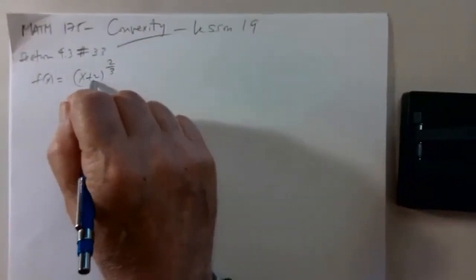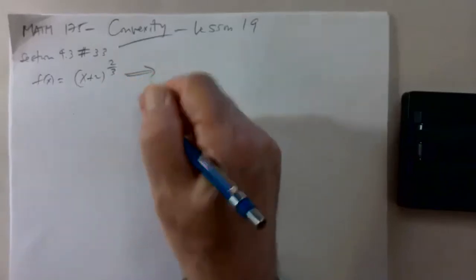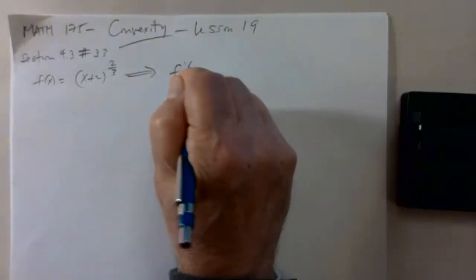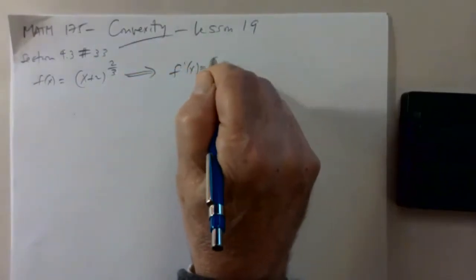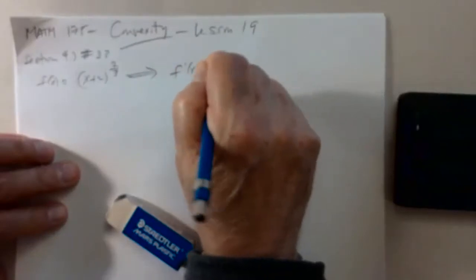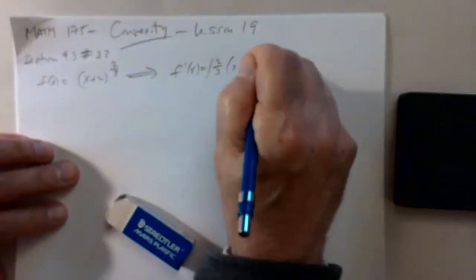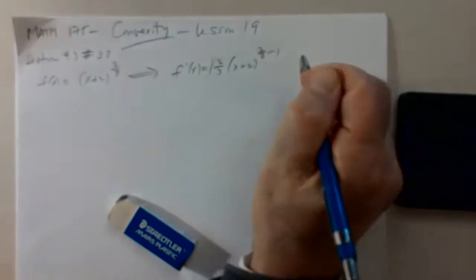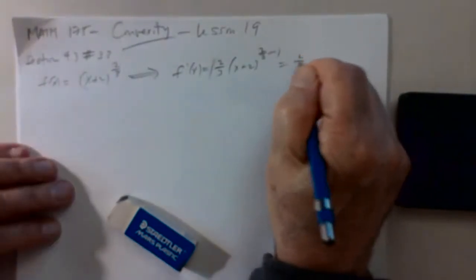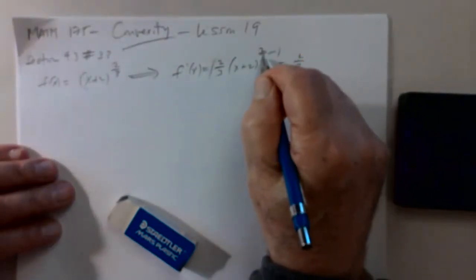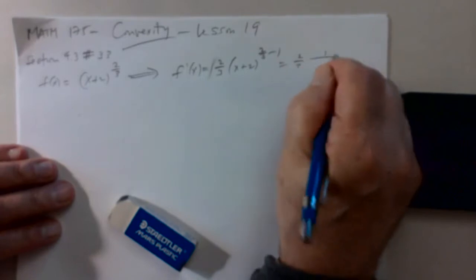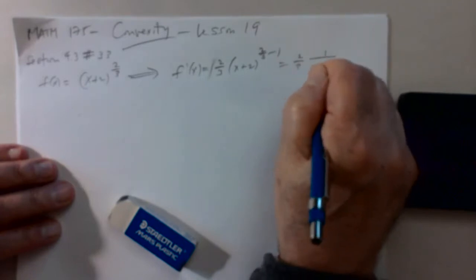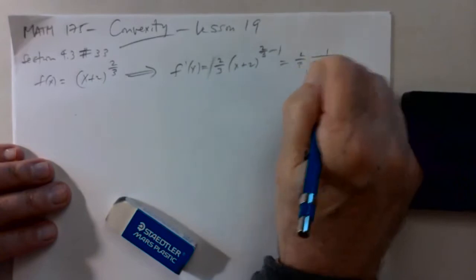So we have to first find the derivative. If f of x is (x plus 2) to the 2/3, that implies that f prime of x is 2/3 times (x plus 2) to the 2/3 minus 1, which is minus 1/3, so that's 1 over the cube root of x plus 2.